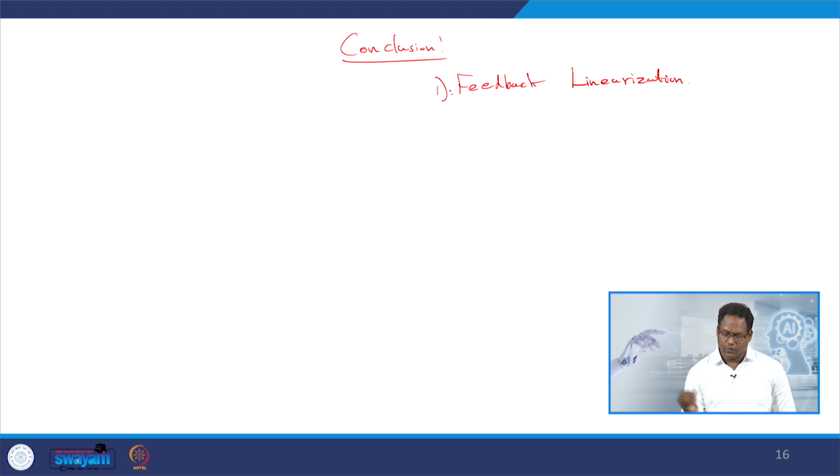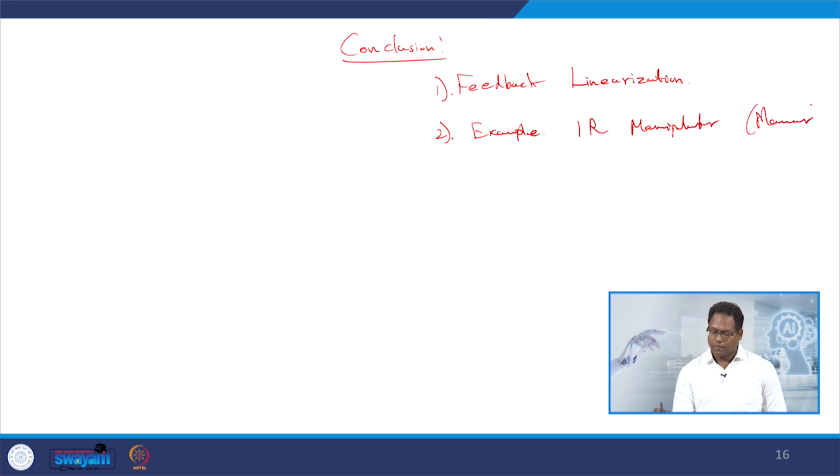We have seen the feedback linearization design, and then an example involving a 1 degree of freedom single link revolute jointed manipulator, the 1R manipulator. Precisely it is a planar manipulator. We have seen applying the control law.